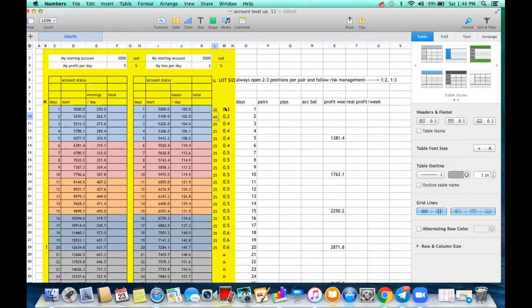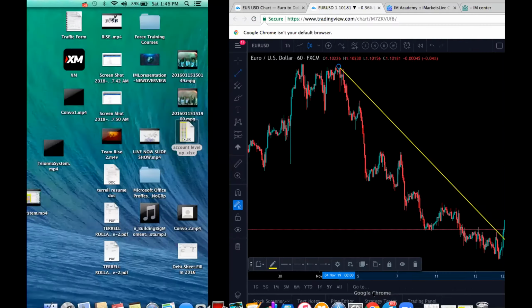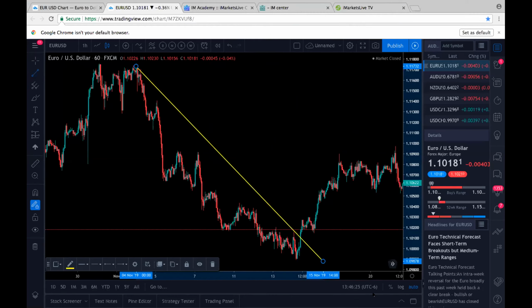Anytime I enter the market, anytime I get in a trade, I get in twice. Every single time. Now, if this is telling me 0.30, what should my lot size be? 0.15. 0.15, right? So that's 0.15 twice.